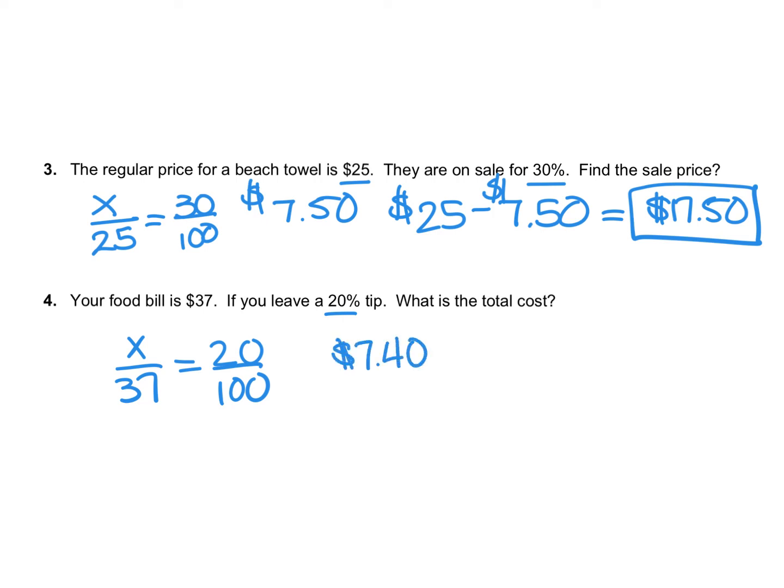And now, because this is a tip, this is something that you're going to pay in addition to your $37. So you pay your $37 for your bill, plus you'll pay your $7.40 for the tip. And so your total bill will end up being $44.40.